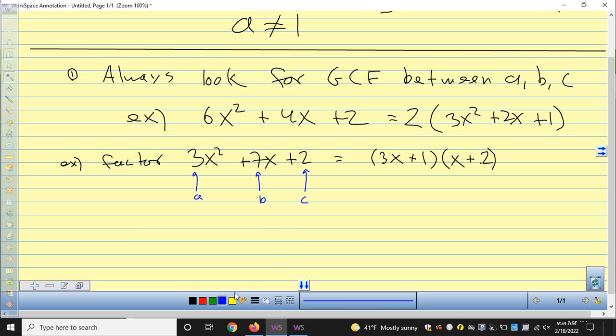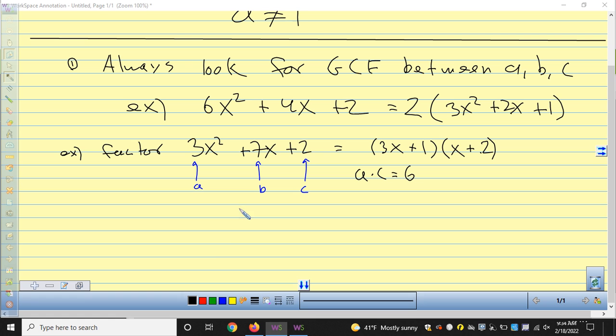A times c is 6. And that is what goes up here in the top of the cross, is this 6. And then b still goes down here, 7.